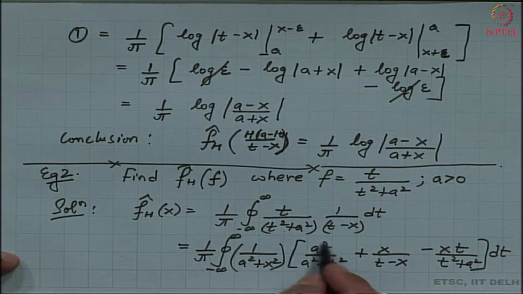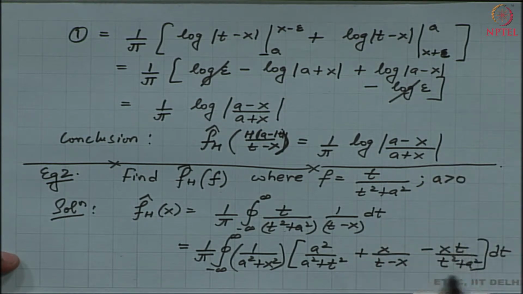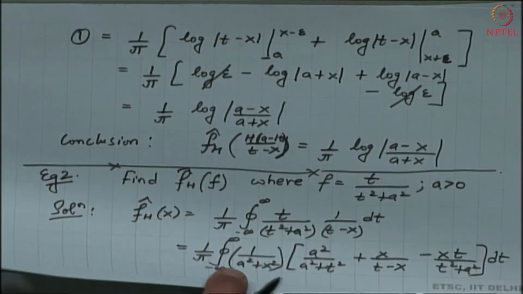So, I can integrate it out, and that will give me a tan inverse, and the third one is nothing but the integral of 1 by t minus x, that was done here in example 1, and the fourth one is going to be 0 because this integral is an odd function of t. So, from negative infinity to infinity, the integration of this fourth term is going to give me 0.